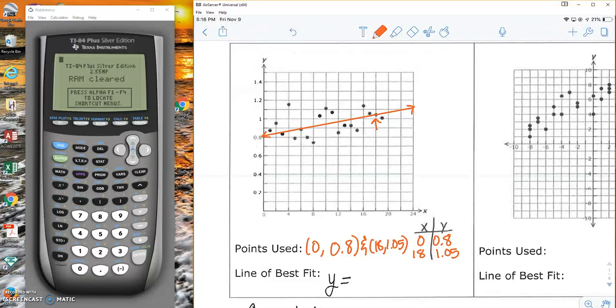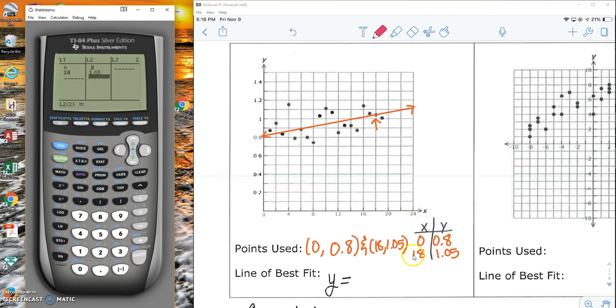Okay, so in order to find this line of best fit down here, I'm going to come over to my calculator. If you don't have a calculator, you want to grab one. I'm going to go to Stat Edit, and I'm going to enter my x's, just like we've been doing for the past couple units. X's in L1 and Y's, 0.8 and 1.05, in L2.